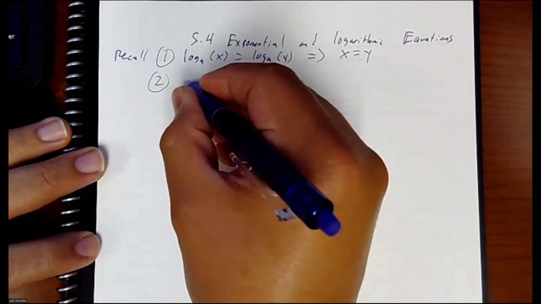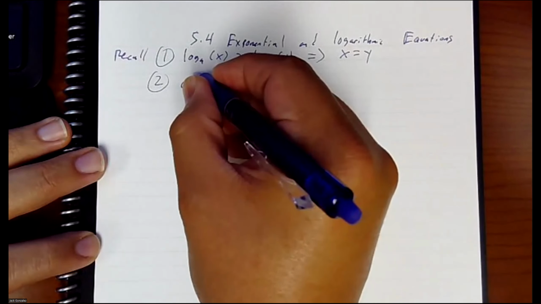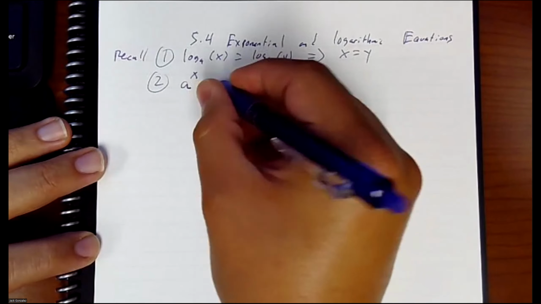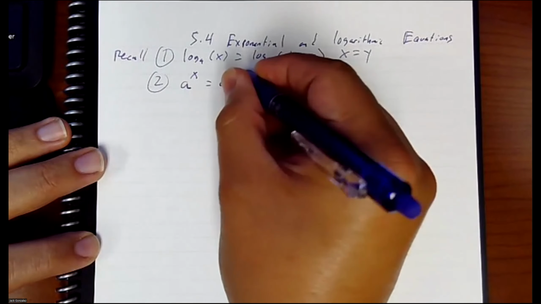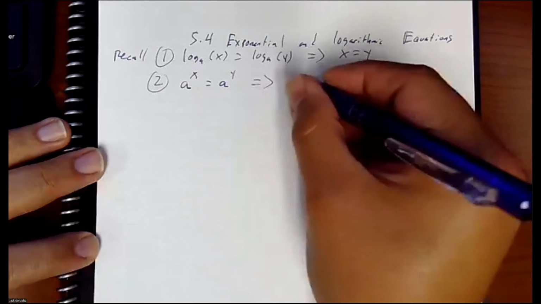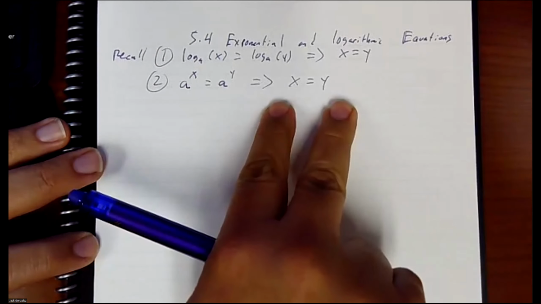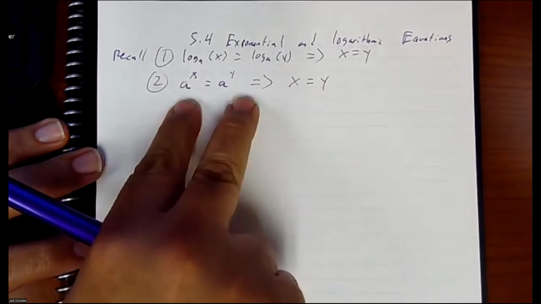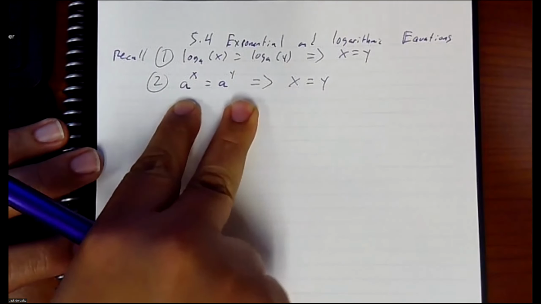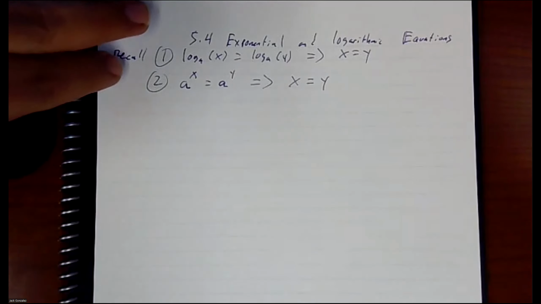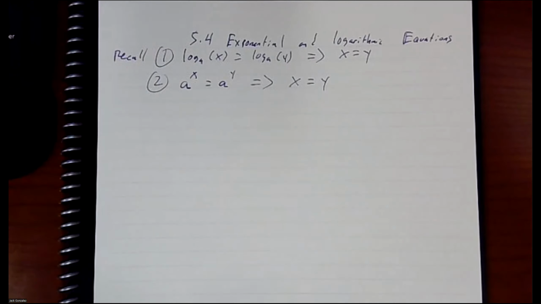We also said that if you have an exponential, some base to the x equal to some base to the y, then that means that you can set these two equal to each other. Or you can introduce a base and change them into exponential, which is useful. So you remember these plus the ones that are on the sheet.